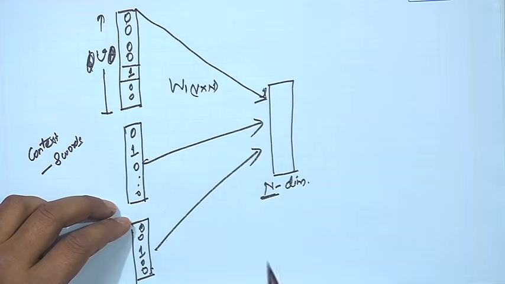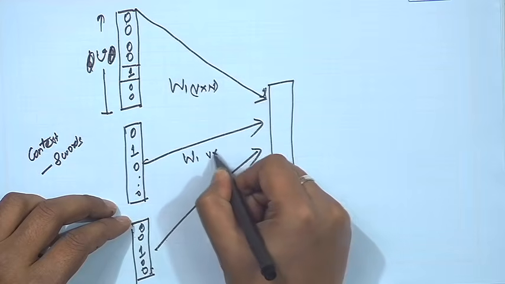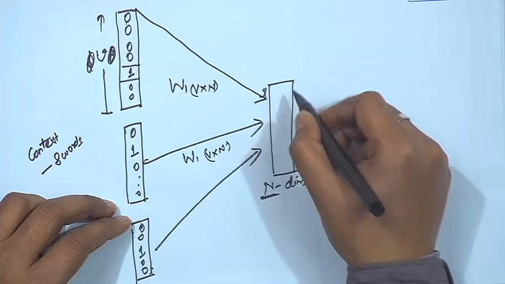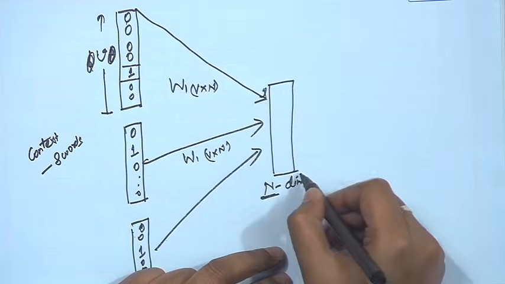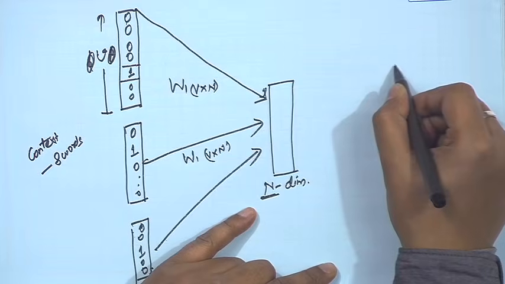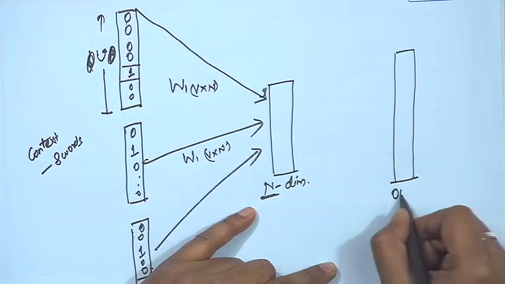You will have the same weight matrix at each input, and then you can take the average of all these. Now from this n dimension, you again go to your v dimension. This is your output layer.